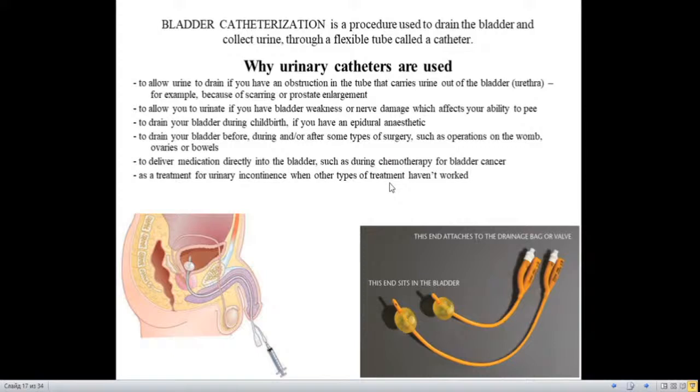And one clinical issue related to the male urethra and urinary bladder is bladder catheterization. I'll not mention everything posted here. You will read it like a prescription. When do we need to perform bladder catheterization? The most common problem, which I mentioned, is hyperplasia of the prostate gland, which blocks the outflow of urine.